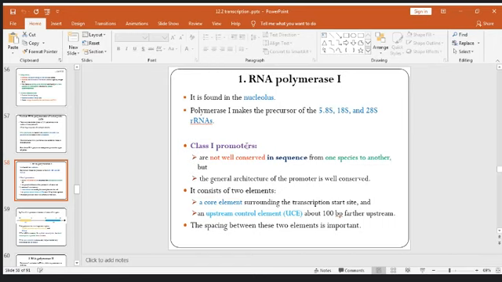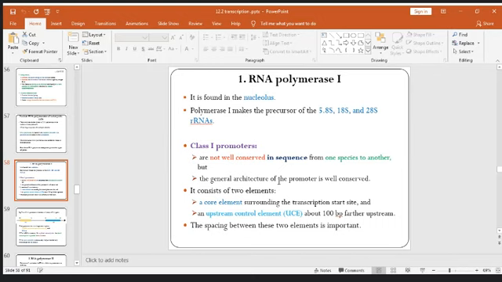So for RNA polymerase 1 there are promoter regions, you can call them class 1 promoters. Those class 1 promoters are not well conserved in sequence from one species to another species, but the general architecture of the promoter is well conserved. When you see that architecture, it consists of two elements. The first one is a core element.